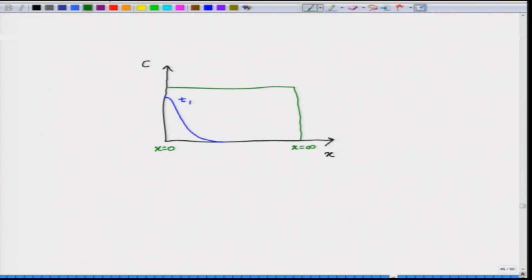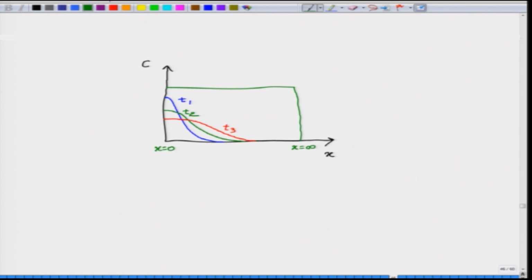As the time progresses, the diffusion spreads into the material, and obviously the concentration on the surface will keep dropping. This is how the C versus X plots will look like for this instantaneous planar source solution.